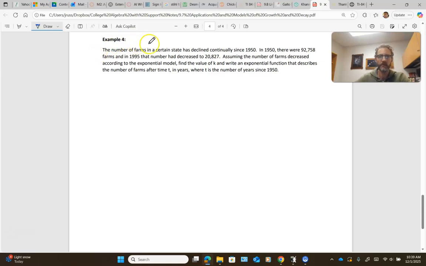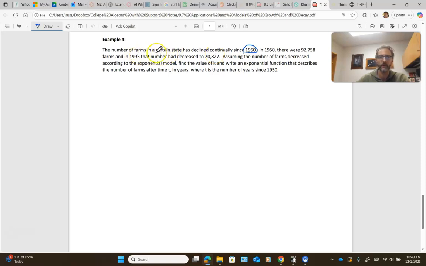It says the number of farms in a certain state has declined continually since 1950. All right, so this is our starting date right here. And in 1950, there were 92,758 farms. So this is the initial value. And in 1995, so 45 years later, the number decreased to 20,827 farms.